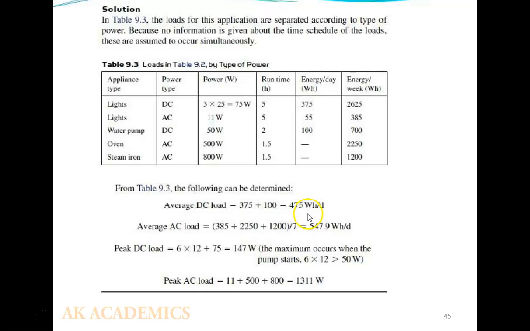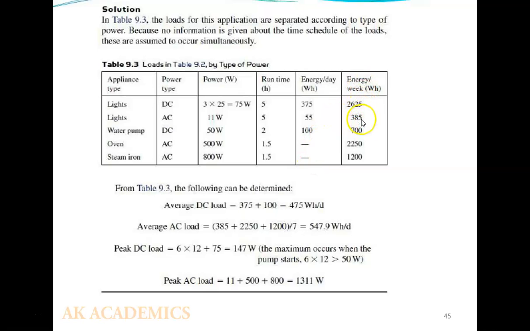Then the average AC load, we have to look at it. How many AC loads do we have? We've got 3 of them. We've got 55 for a day. But then what you will notice is that for the other 2 AC loads, we don't have daily energy consumption. So let's use weekly.